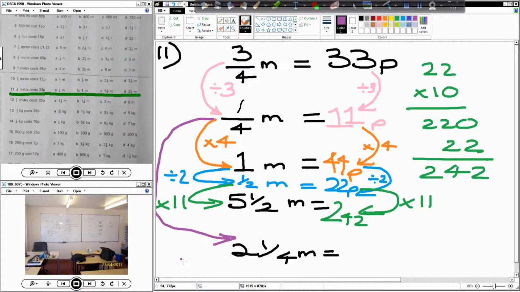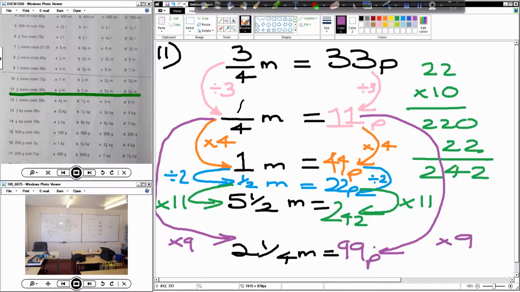How many quarters do we have in 2 meters? 8. And in 2.25 we have 9. Okay, 11 times by 9 is 99. 99p. Okay, we have finished that question.